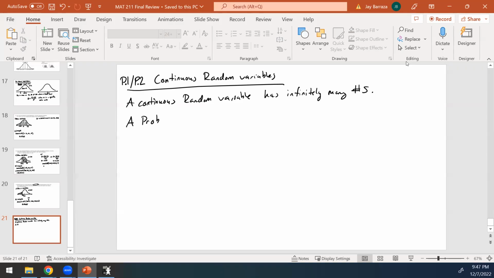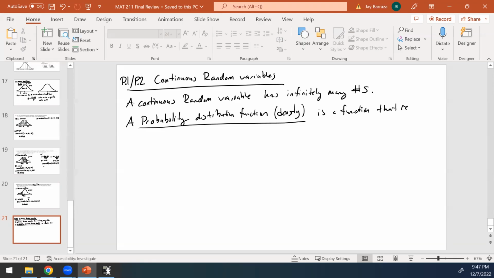A probability distribution function, I'll call it a density function as well, is a function that represents a continuous random variable.